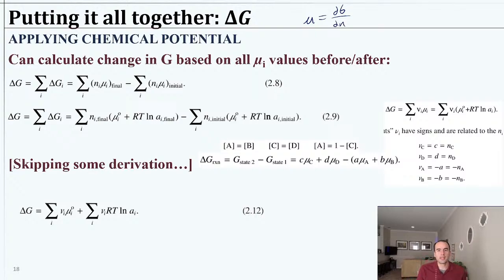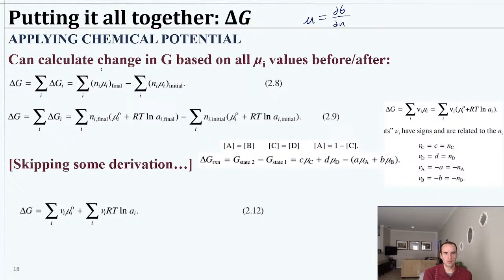So that's what we're seeing here. We could look at delta G for a system and try to understand what's happening there. And we can do the sum over each species within the system: the delta G for that given species is equal to the N times the mu of the final minus the initial.